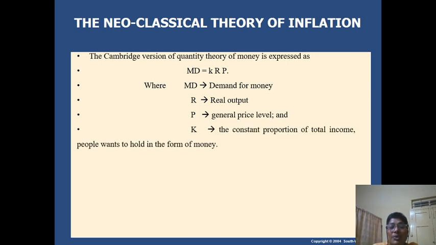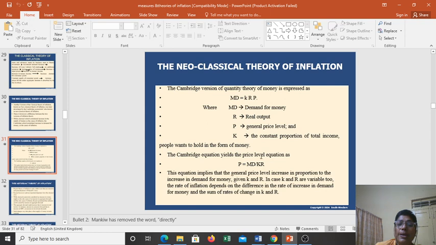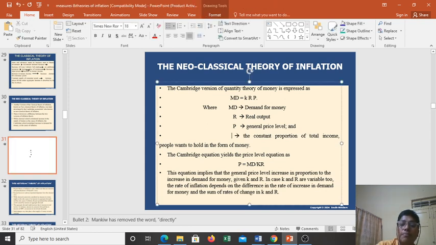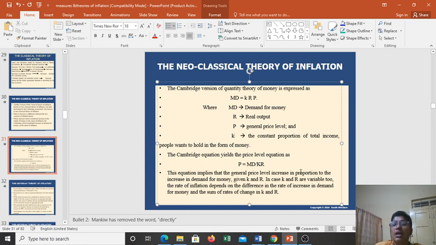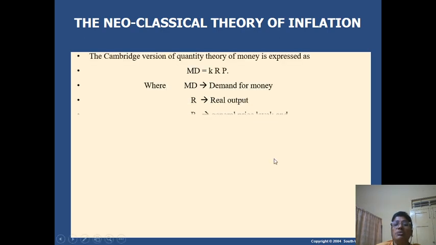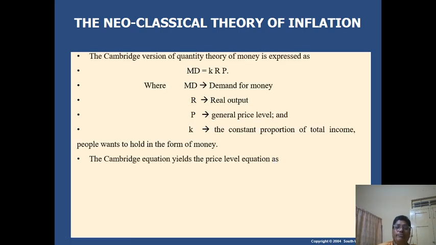This is small k. k is the constant proportion of total income people want to hold in the form of money. That is the demand for money.